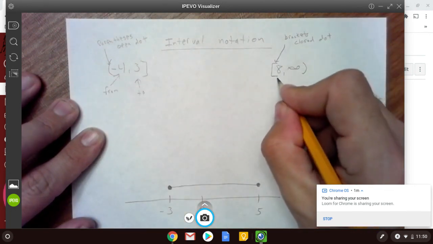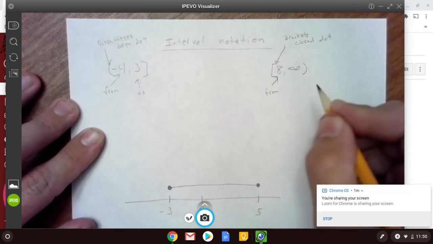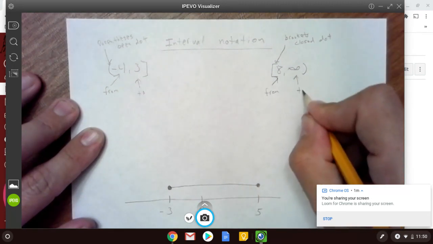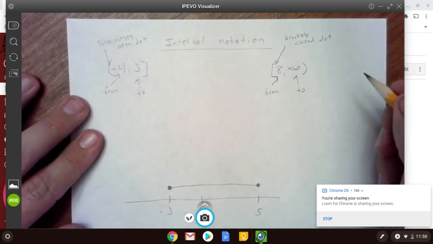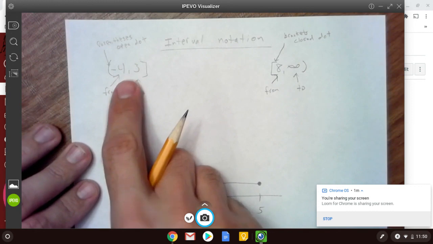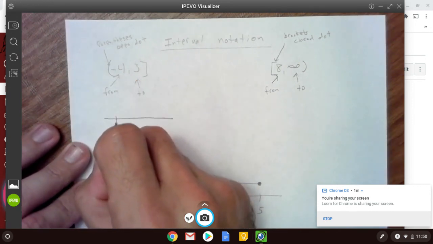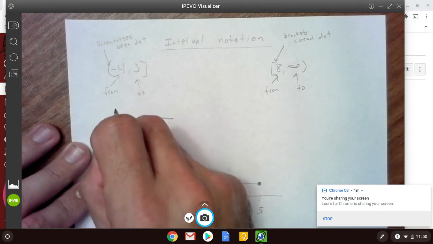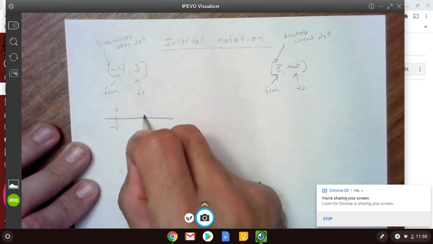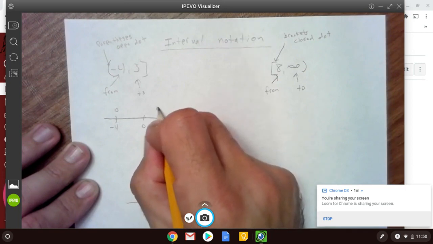All right, so in this set, we're talking about all numbers from +8 to +infinity. All right. So if I were going to graph this, the graph of it would be an open dot at -4, and a closed dot at +3.